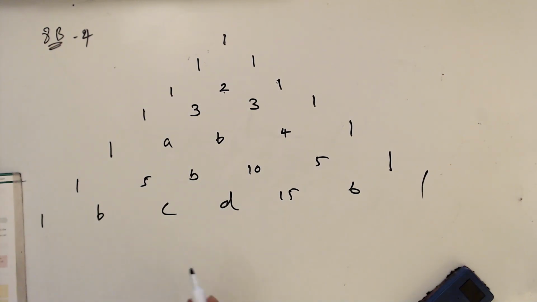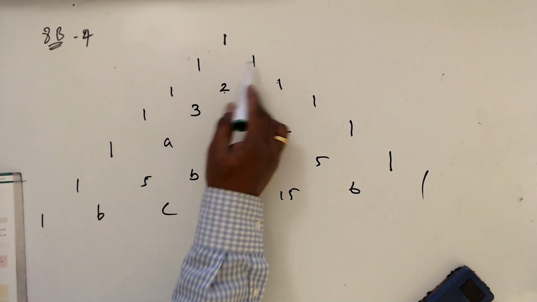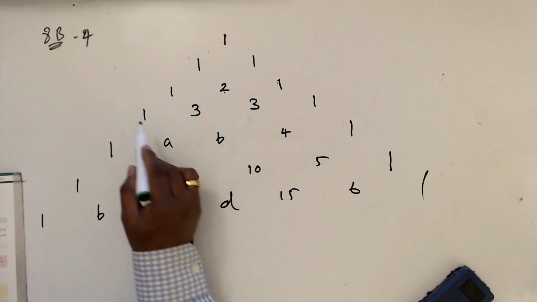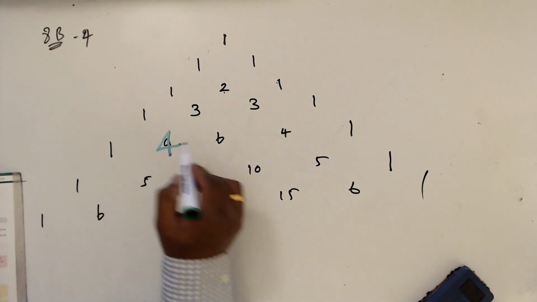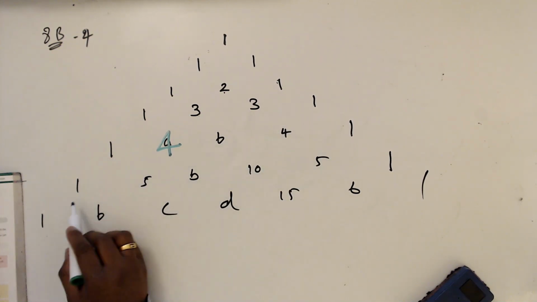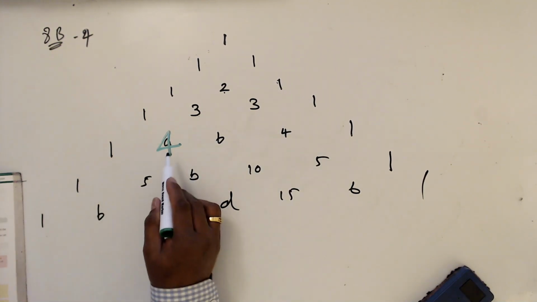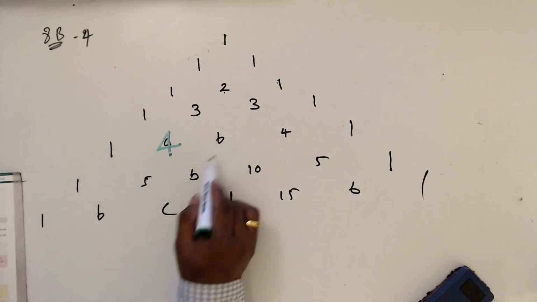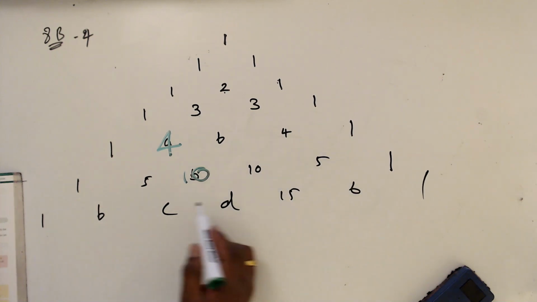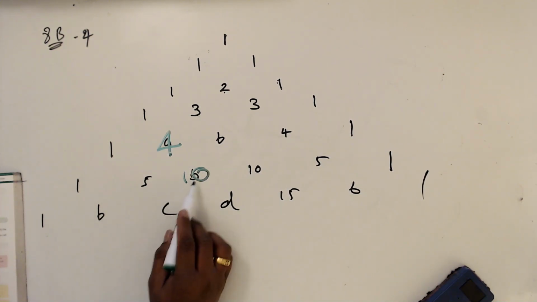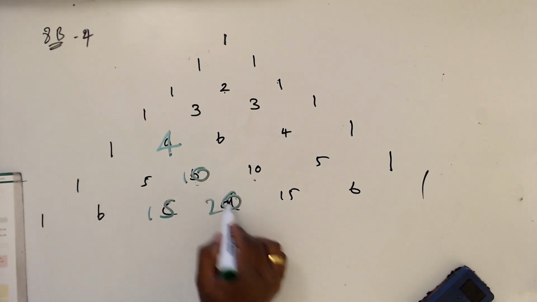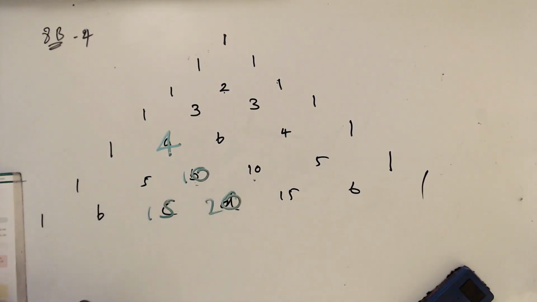So 1 plus 1 is 2, 1 plus 2 is 3, 2 plus 1 is 3, then 1 plus 3 is 4, then 3 plus 3 is 6, 3 plus 1 is 4, then 1 plus 4 is 5, 4 plus 6 is 10, and 6 plus 4 is 10, and then likewise 5 plus 10 is 15, and 10 plus 10 is 20, and 15, 6, 1.